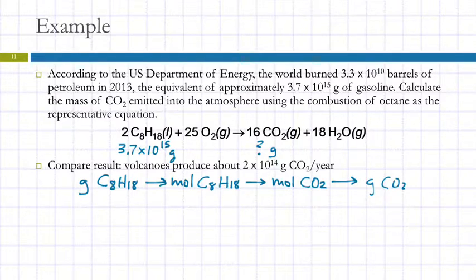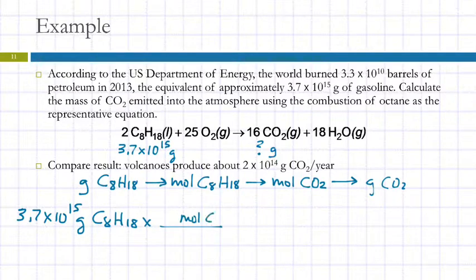So 3.7 times 10 to the 15 grams of C8H18. 3 arrows, 3 conversion factors. So first I'm going to moles of the octane. And yeah, it gets tedious writing the chemical formula over and over again. Just deal with it. Moles of CO2 and grams of CO2.